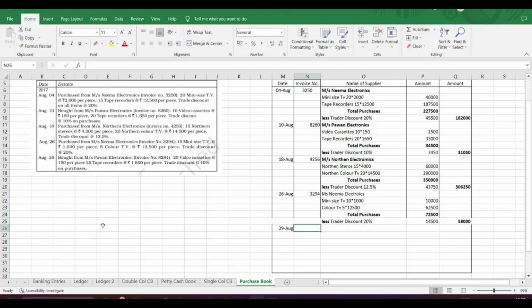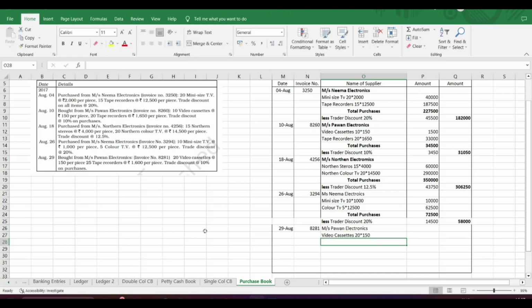We are purchasing it on invoice number 8281 from again Pawan Electronics. Here we are purchasing 20 video cassettes for rupees 150 per piece again.